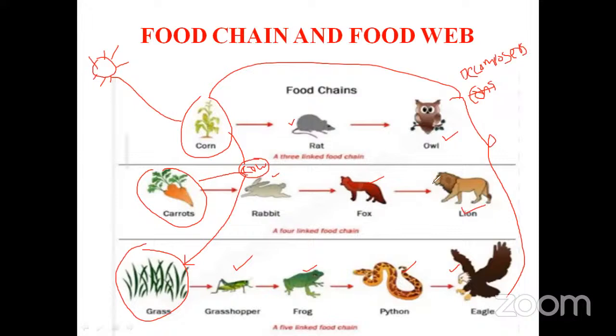Example, the lion. So the lion or tiger can eat rabbit, can eat cow, can eat fox.